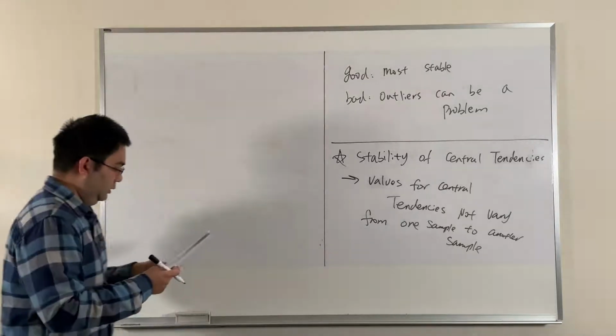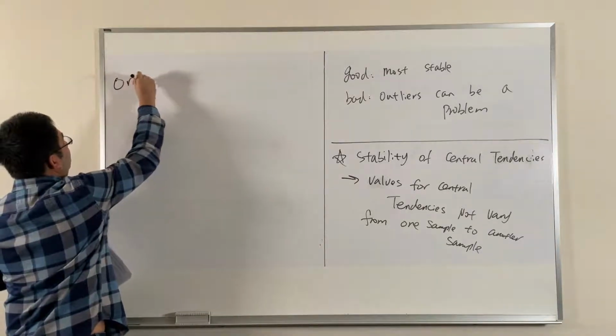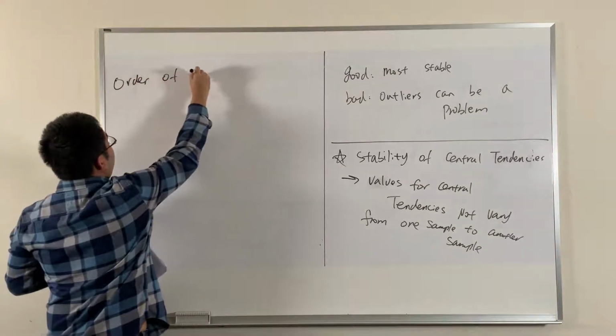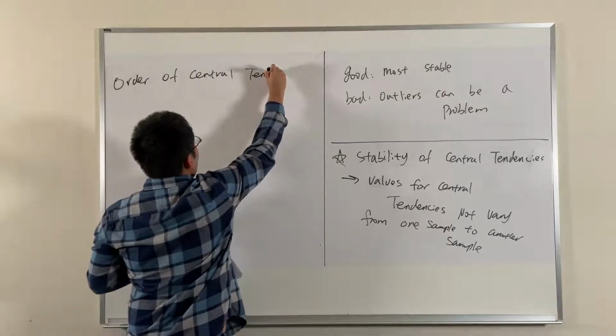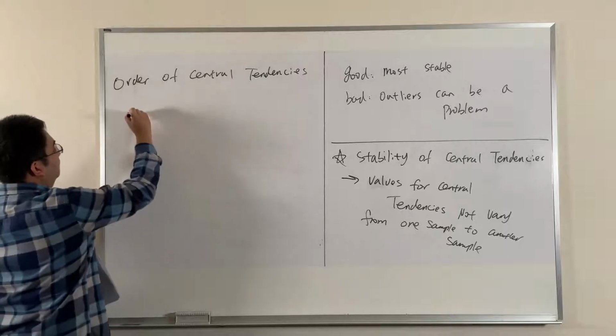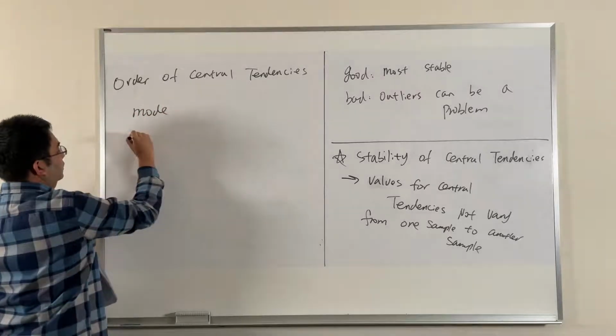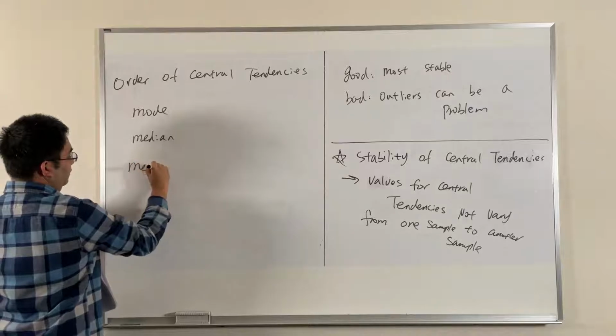Okay, cool. So, the order of central tendencies: we have mode, median, and mean.